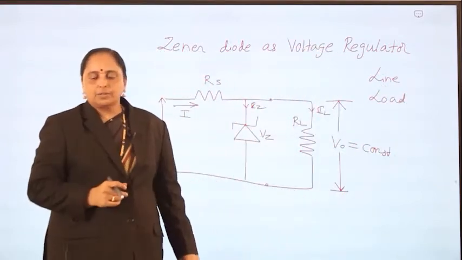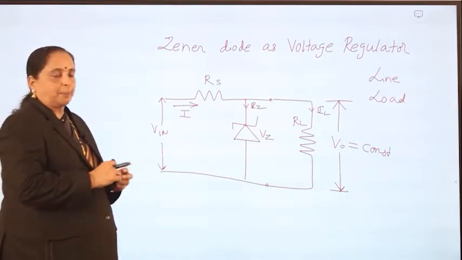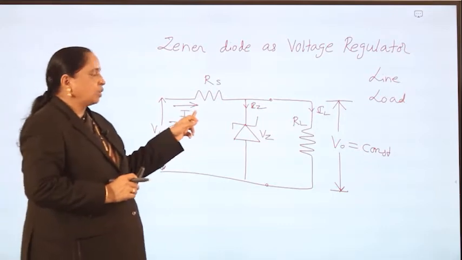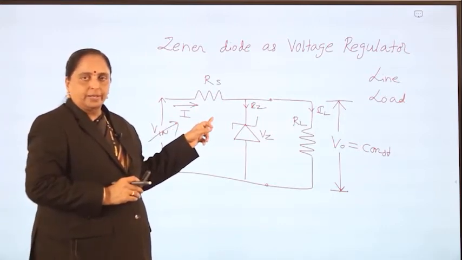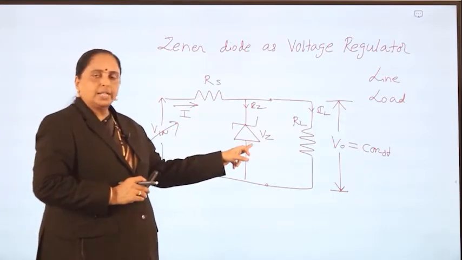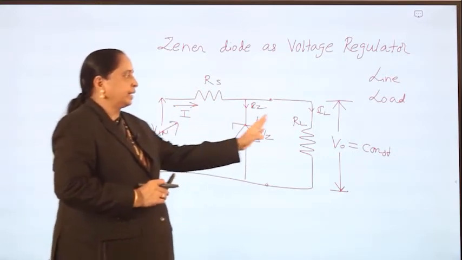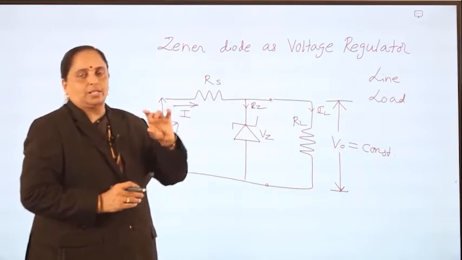For example, let us assume there are changes in the supply. Whenever there is a change in the supply, automatically this current will vary. Therefore, the diode voltage adjusts itself to maintain the output voltage constant.